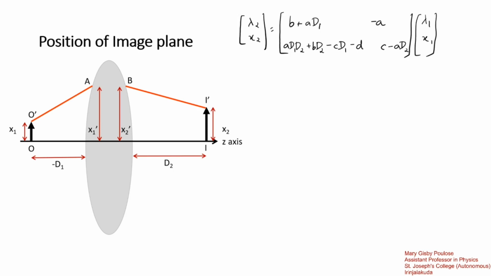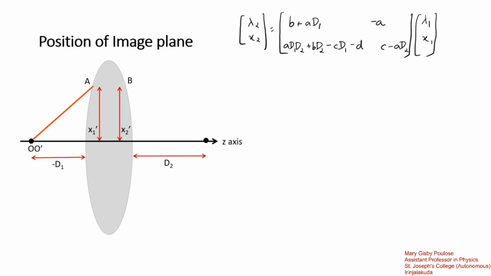For that, we are going to assume that our object becomes a point object. Now we replace the object OO dash with a point object. If the object is a point object, the image also becomes a point image.